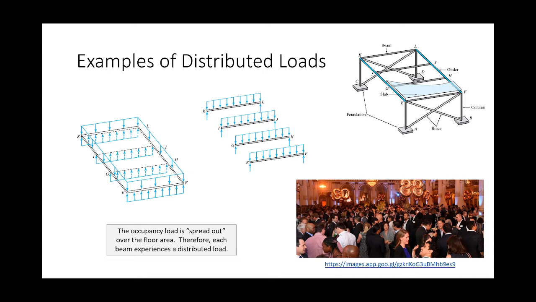Now the hallways might be designed a little differently, for 80 pounds per square foot. Why? Because when class lets out, there is a more dense concentration of people in the hallways than in the classrooms. Also, what happens if we have a fire alarm? Then the hallways are really going to be packed, right? There's going to be more people there, so we design those a little bit heavier.